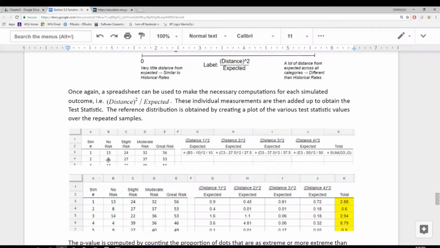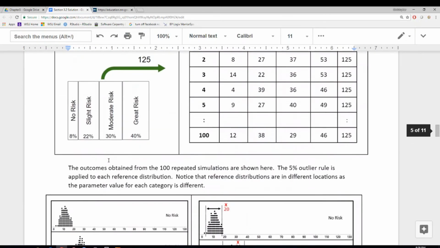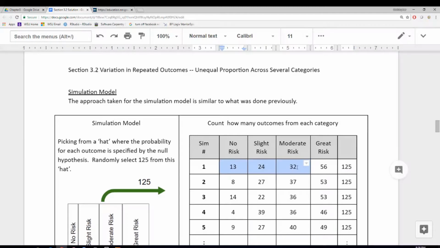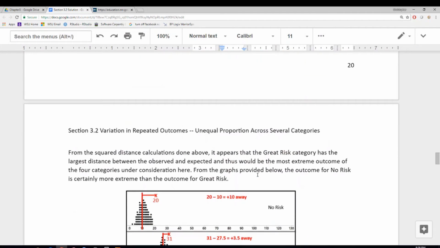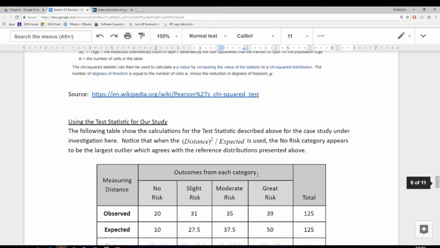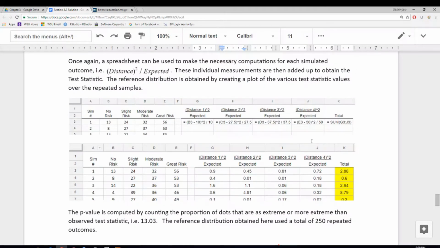The outcomes that I obtained from that hat, we talked about those when we constructed those reference distributions: the 13, 24, 32, 56, the 8, 27, 37, 53 patterns. I just need to do that test statistic calculation on each one of those simulated outcomes. I can use a spreadsheet to do that, and that's what's shown here on the bottom of page 23. I'm going to compute the sum, or the total, of those. That's what I have over here on the right-hand side.